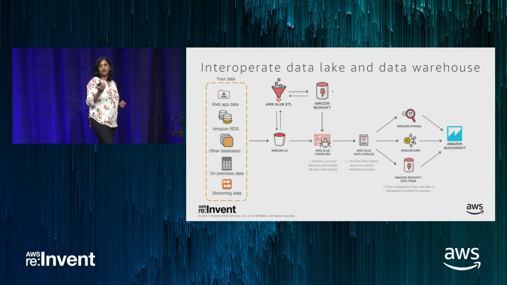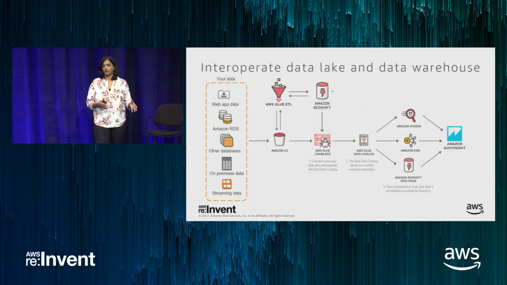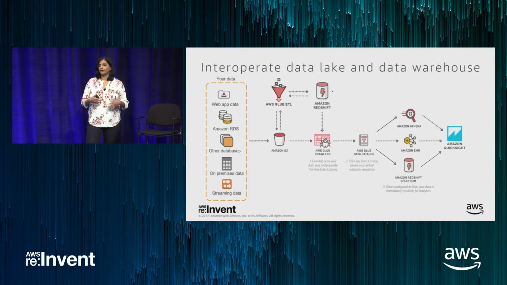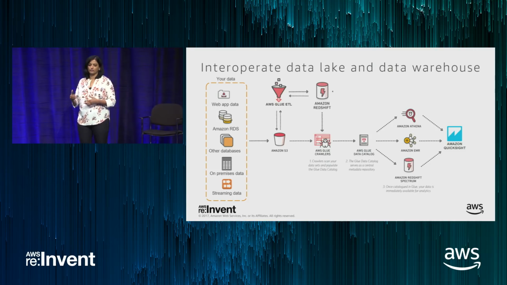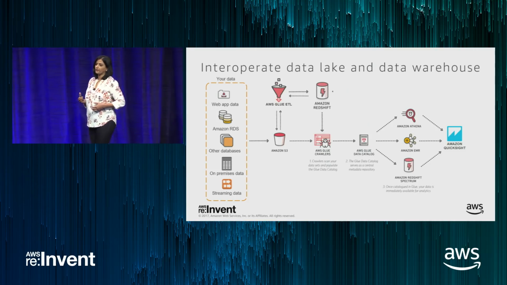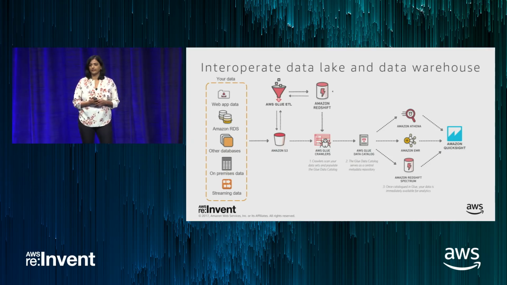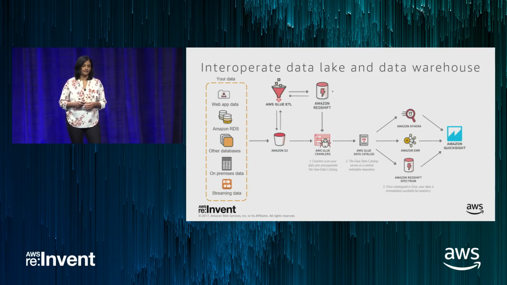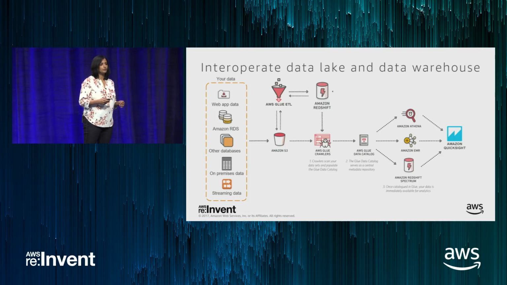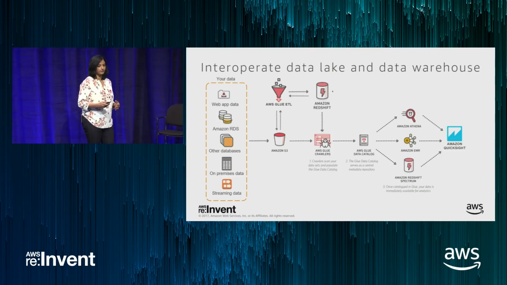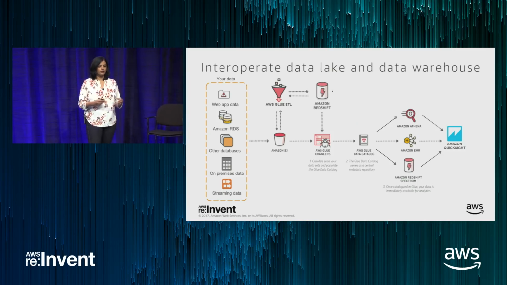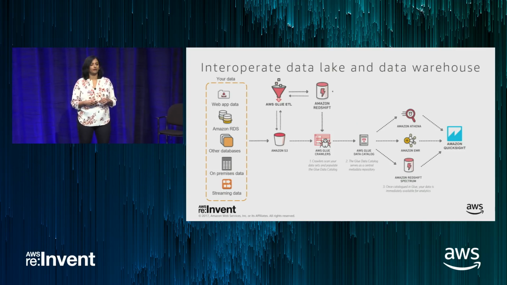And then you can unload that data and put it back on Amazon S3 for historic archiving and also to make it available for ad hoc analysis, as well as for any data science analysis that you want to do within your organization. So with Glue, you don't necessarily have to choose one or the other. You can easily interoperate both your data warehouse and your data lake on AWS.